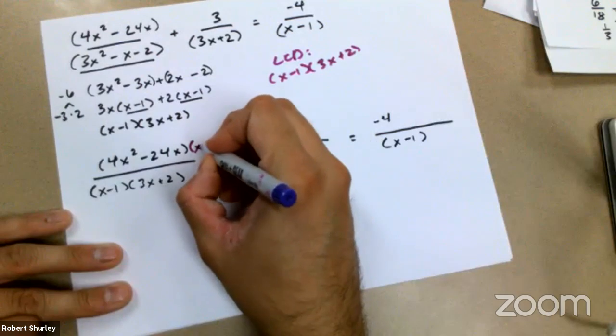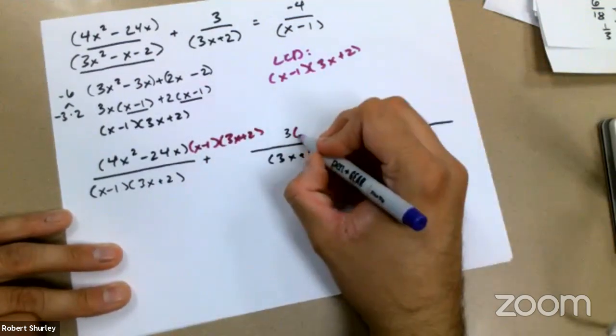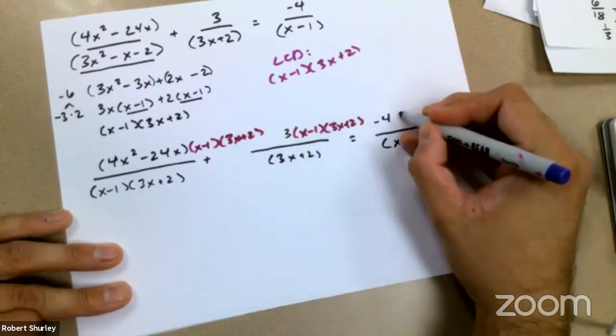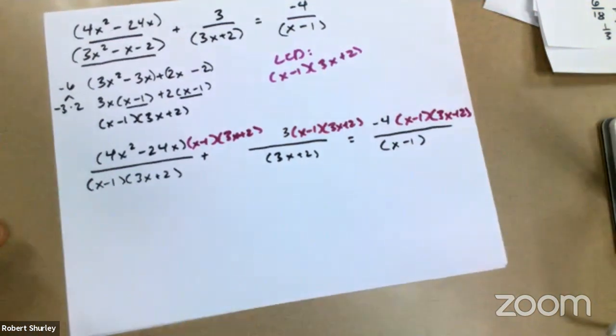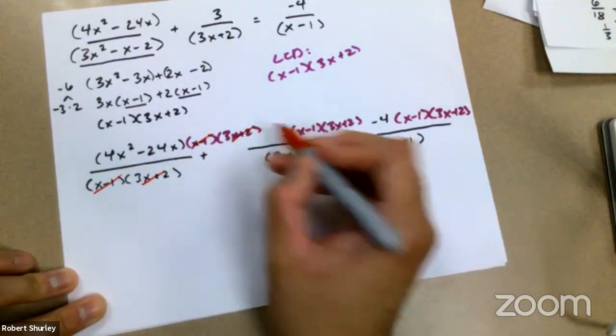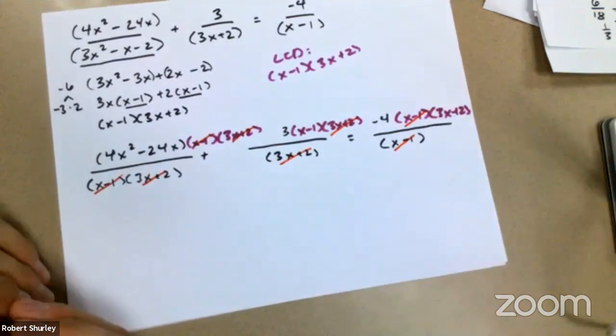So let's kind of try to put this in so it fits. x minus 1, 3x plus 2, x minus 1, 3x plus 2, okay? And then I'm going to get to slashing. x minus 1, 3x plus 2, 3x plus 2, x minus 1, right?